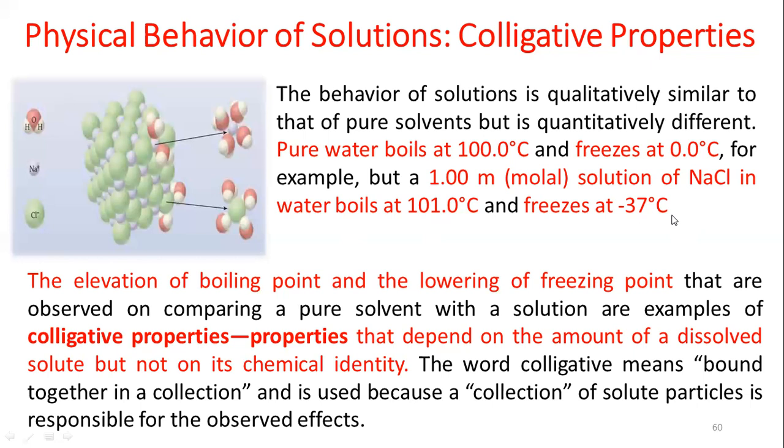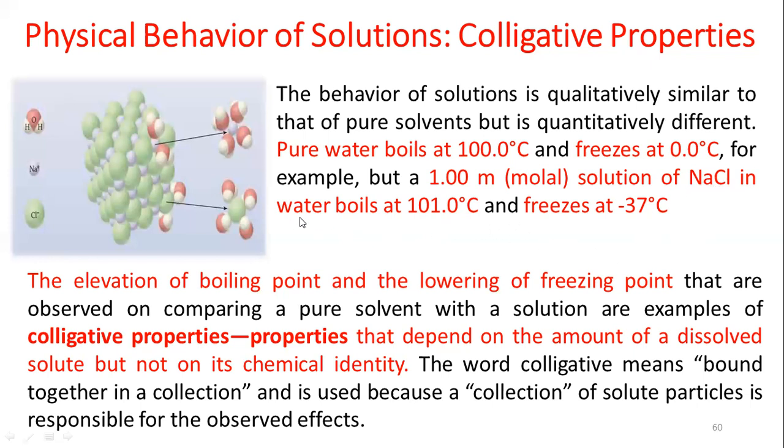So what is happening over here? The boiling point is increased, but the freezing point is decreased. And this is going to depend on the amount of the solute you want to dissolve in a particular solvent.